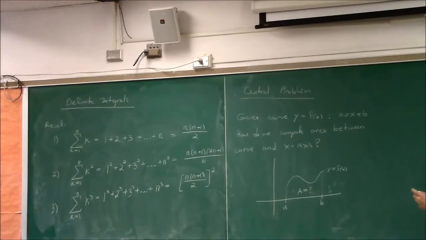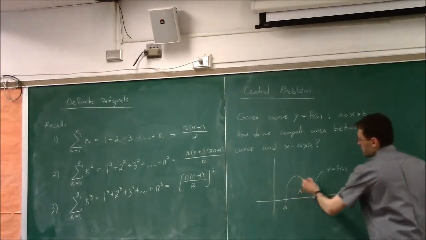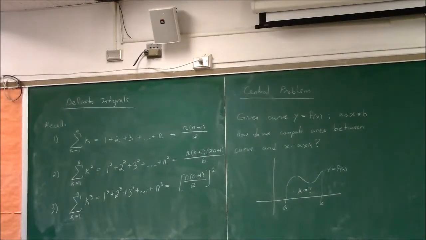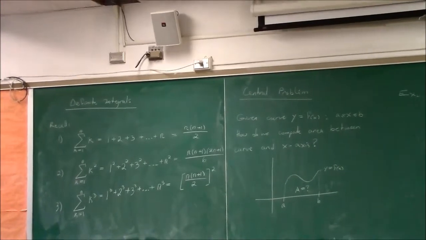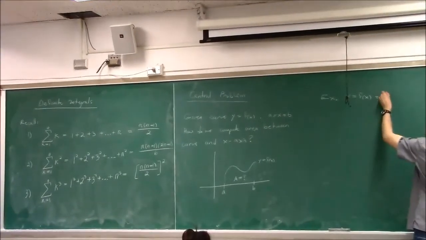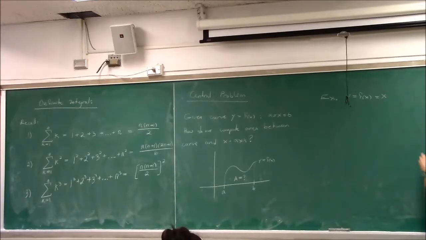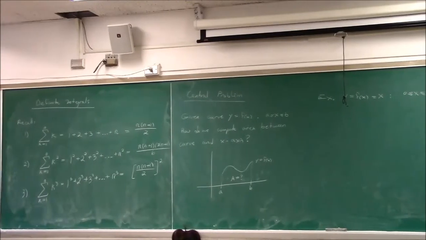So geometrically, how do we do this? So let's look at a very basic example. Suppose that we have y equals f of x, which is just equal to x. And we look at x between 0 and 1.